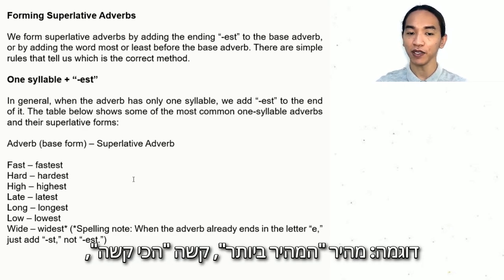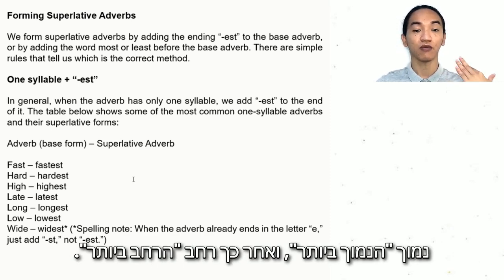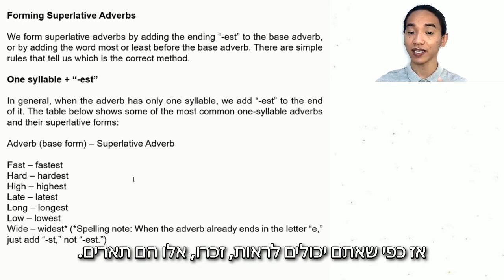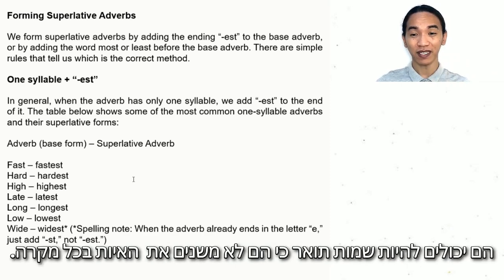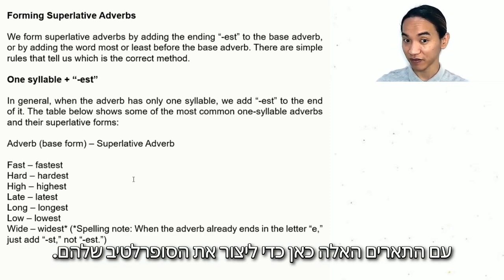Example, fast, fastest, hard, hardest, high, highest, late, latest, long, longest, low, lowest, and then wide, widest. So as you can see, remember these are adverbs. They can be adjectives because they do not change spelling anyways. But as you can see, we just add est with these adverbs here to form their superlative.